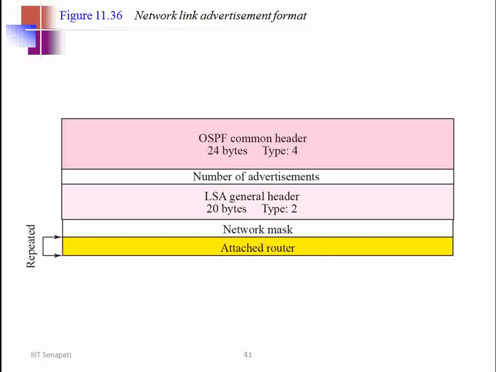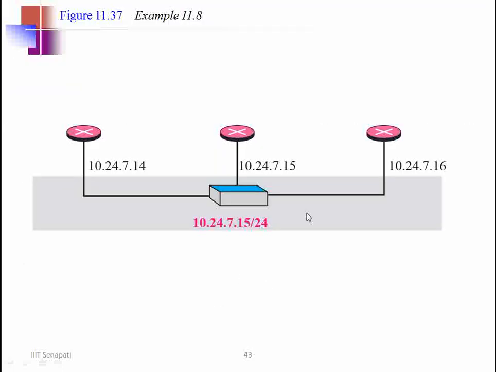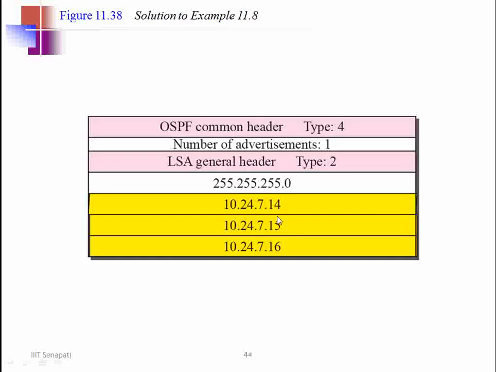The network mask will define the network mask, and the attached router is repeated for each router. So this will define the IP address of all the attached routers. That is the thing. Very simple. So suppose this is something. So for this you have the mask and the IP address.